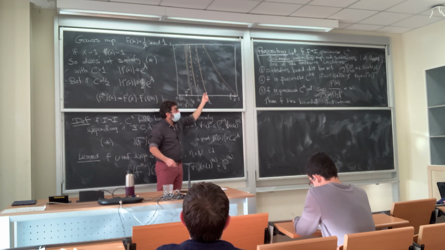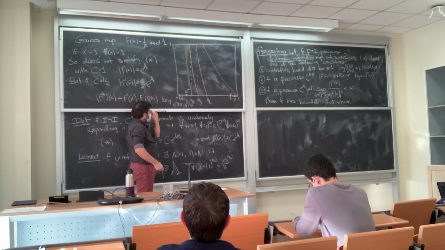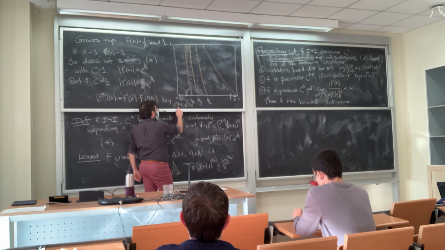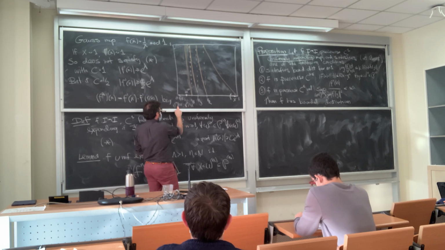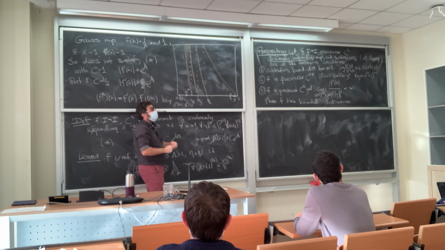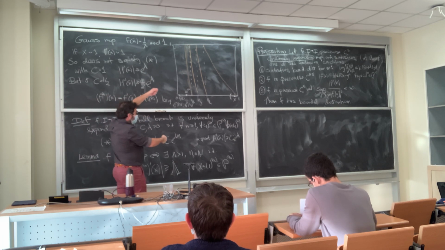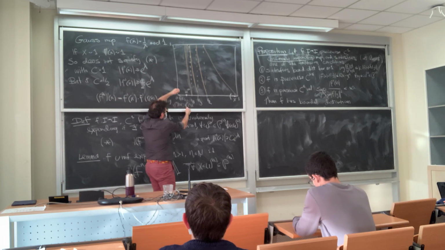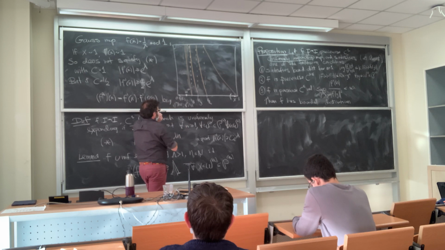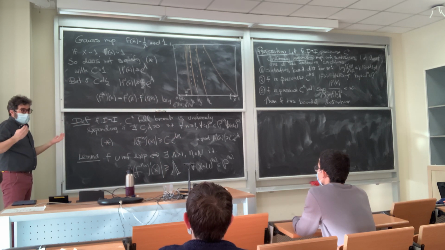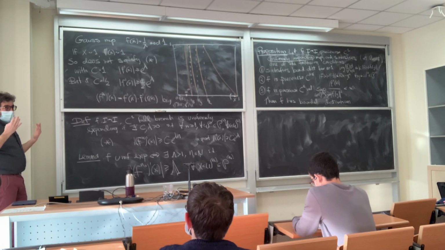If you look at the images of these, this is growing exponentially faster than this, because even if there is a small difference, if the derivative along the orbit of x is always a little bit bigger than the derivative along the orbit of y, then the ratio is diverging. This is always bigger, and therefore you fail the bounded distortion. So the bounded distortion is telling you that this does not happen.